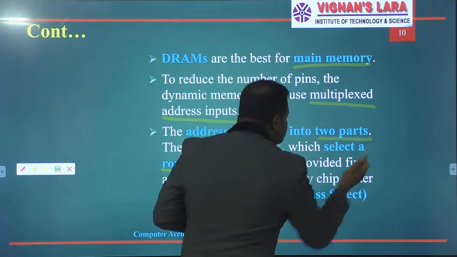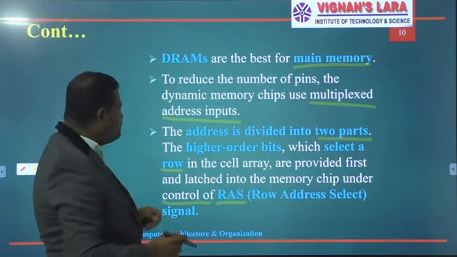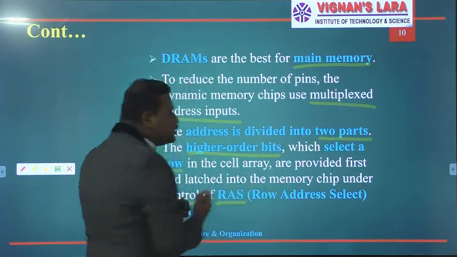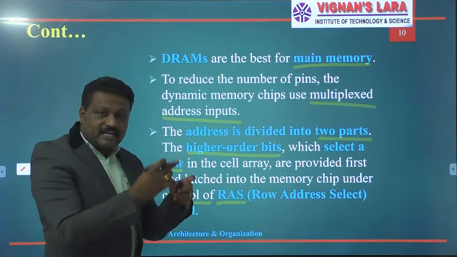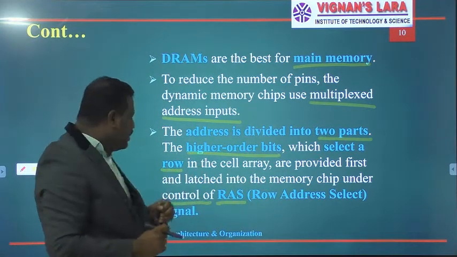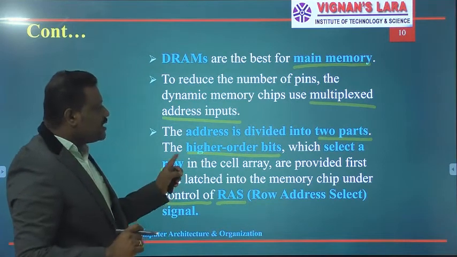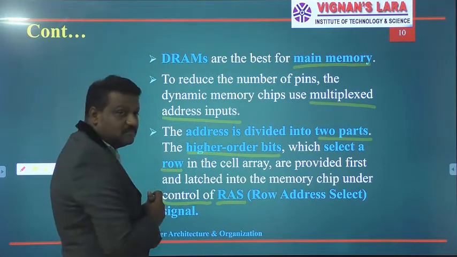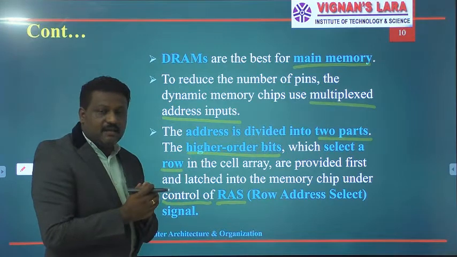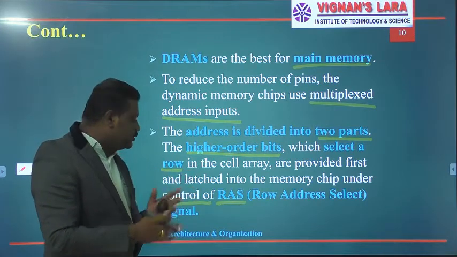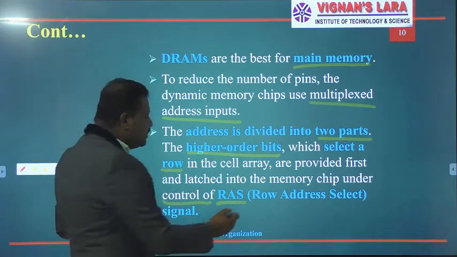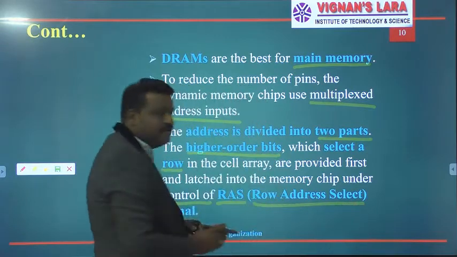One part I consider as the higher order bits of the address. The higher order bits of our address are used for selection of a row of the cell array. That selection of a row we do with the help of a control signal called row address select.